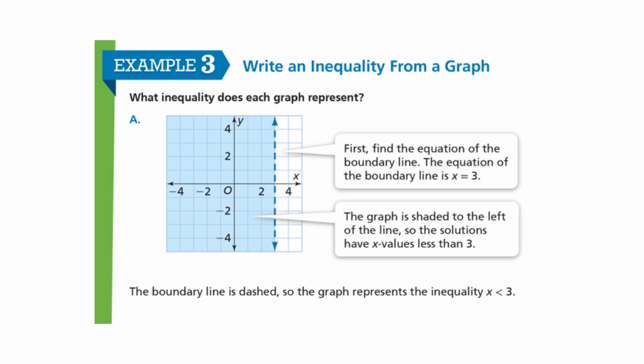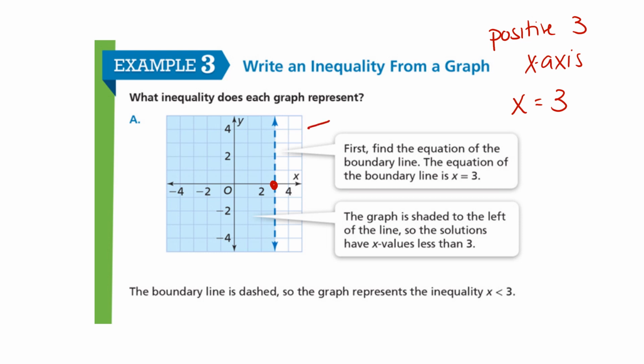In some examples, you may have to write the equation when given the image of the graph. So you want to look and see, where does your line start? This line starts at positive 3 on the x-axis. So because of that, we know that it's going to be an x equation. Normally, our equation would be x equals 3, but we're going to change that to the inequality format.